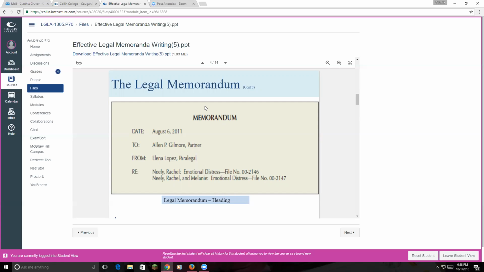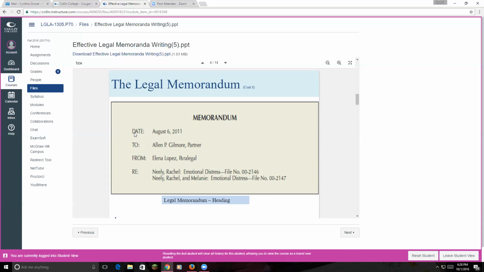It's not the most beautiful font, but it is very serviceable and it's very well received. Now, of course, you're not going to use that if your firm has a designated font that's different, but that's one to think about. So when you look at this document, the first thing that many legal professionals will see is, oh, what a terrible font choice. So don't make that choice unless your particular firm thinks this is a good font choice.